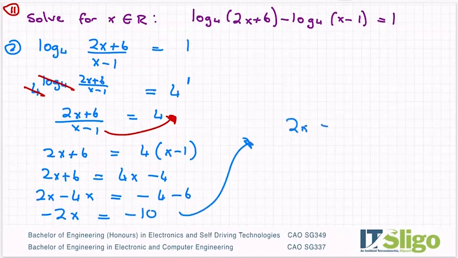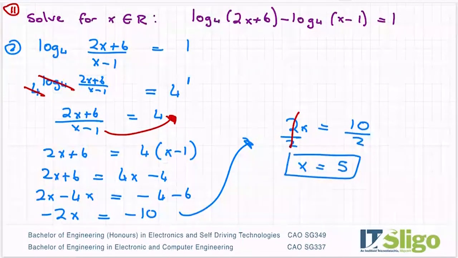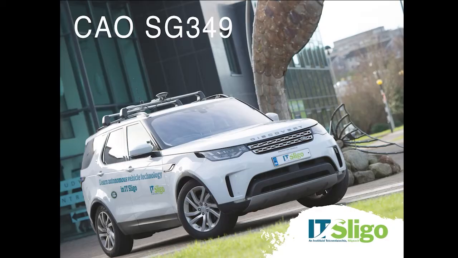Change the signs. Divide by the number in front of x. And you get your solution, x is equal to 5. You can always check this in your calculator. You can put 5 in there and see is log to the base 4 of 16 minus log to the base 4 of 4 equal to 1, and you'll find that it is.